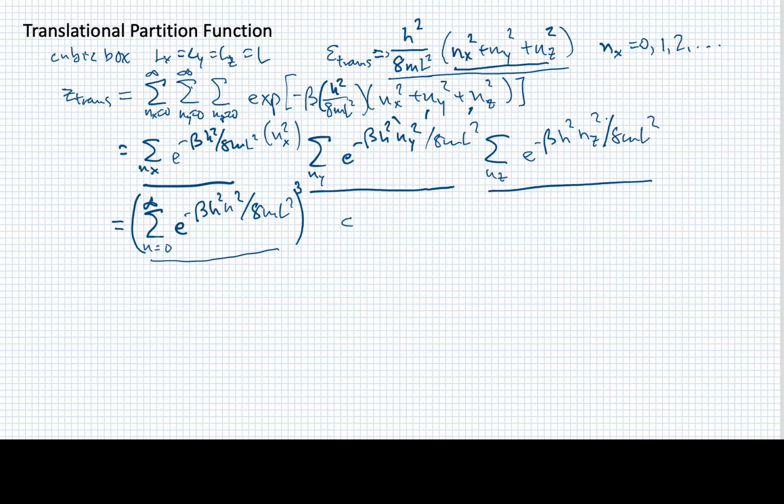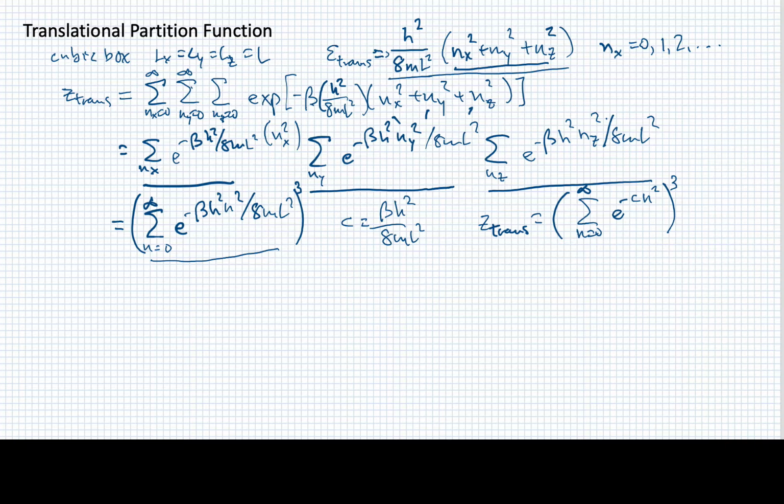First, I'm going to define a constant, c, equal to this set of constants, so I don't have to keep writing all these things out. So now my partition function is simply going to be the sum from n equals 0 to infinity of e to the minus c n squared, evaluated over all those values. Oh, and I've got to cube that to get the partition function. All right, so that makes things simpler.